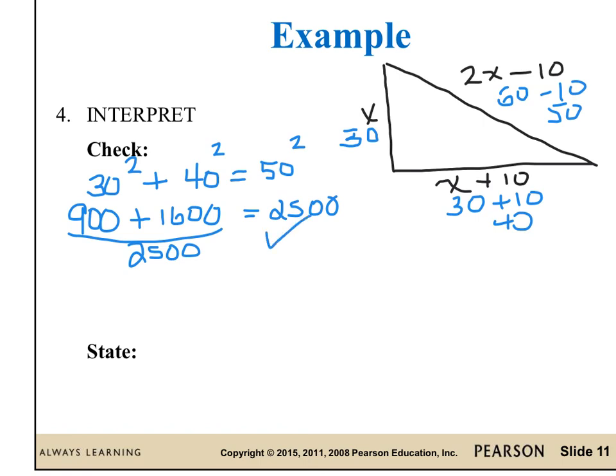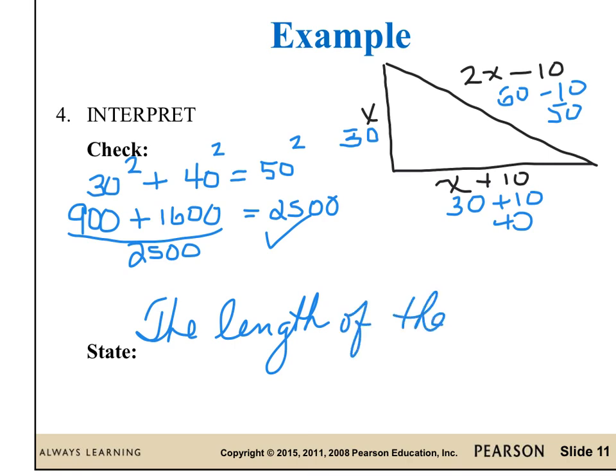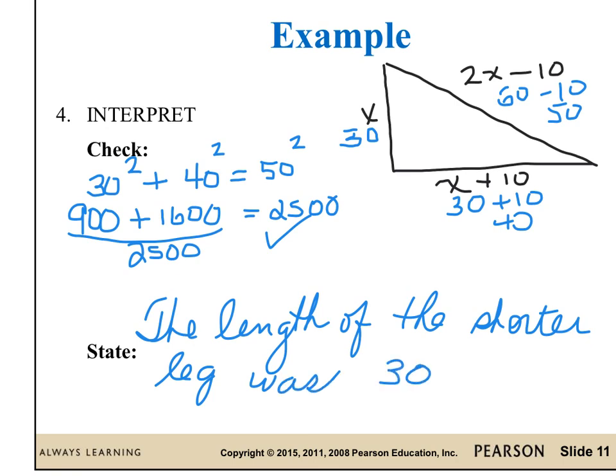So yes, our answer checks, and the answer to the question we were asked is the length of the shorter leg was 30 miles. And we have finished that problem. And that concludes our examples.